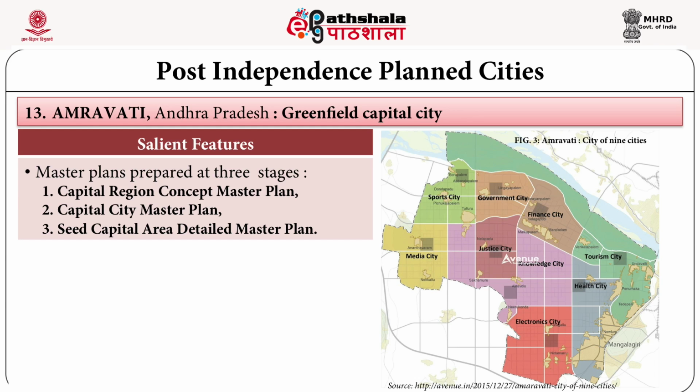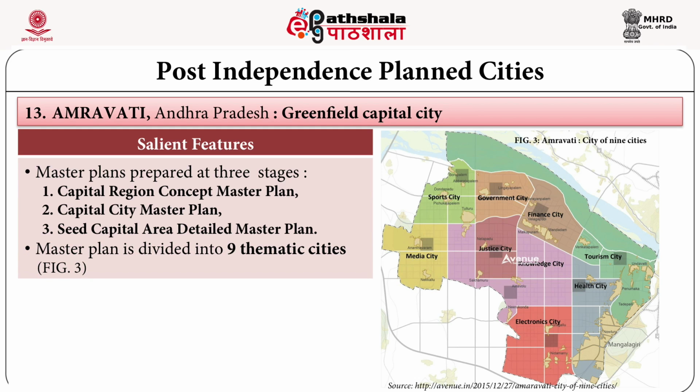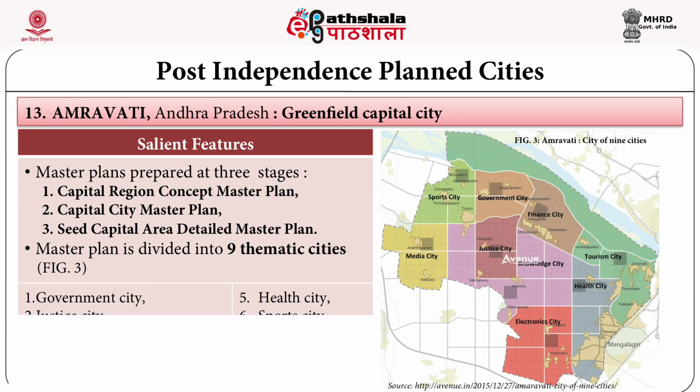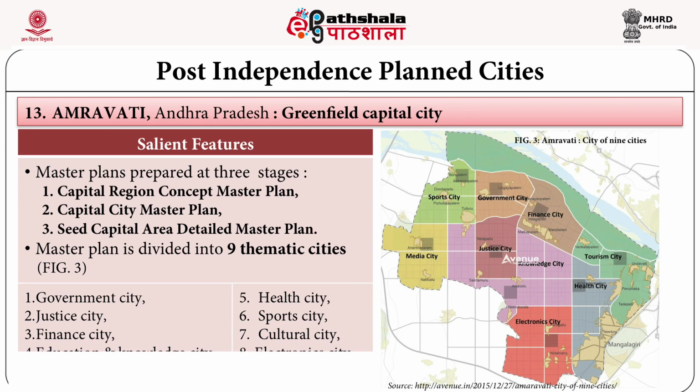Now this master plan, depending upon the functions of the cities, had 9 thematic functions. One was the government city, that is basically the administrative part, the justice city, then the finance city, the education and knowledge city, the health city, the sports city, the cultural city, the electronic city, and the tourism city.